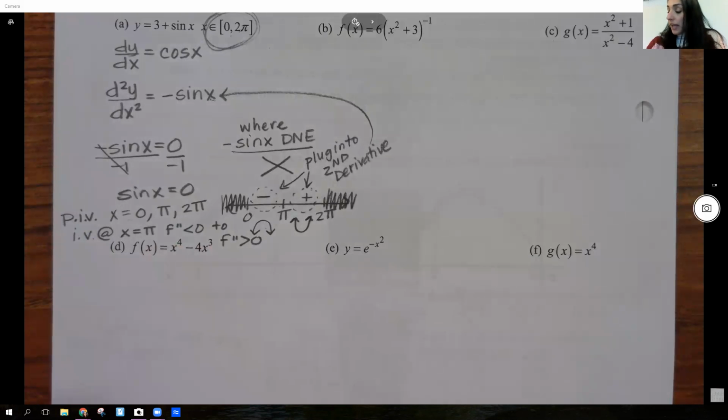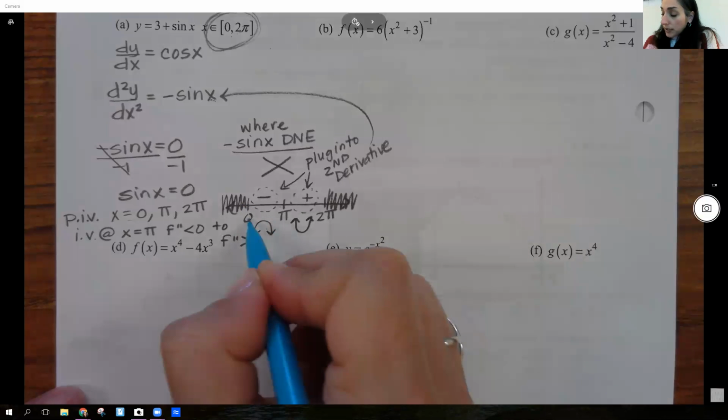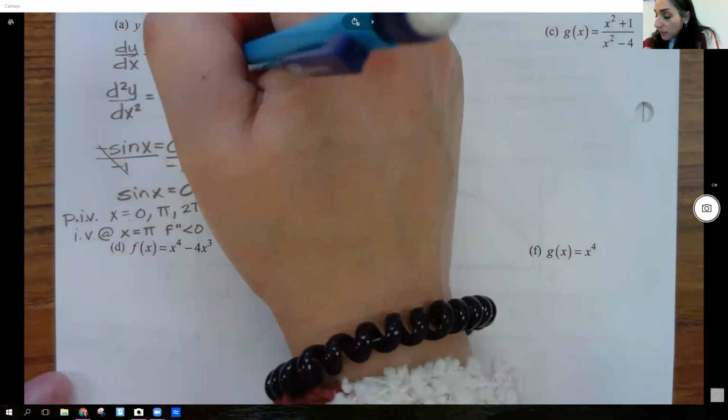Okay, so the last part of this was, we figured out the possible ones. We figured out the actual inflection value, which was at pi. Now the last thing is the intervals of concavity. I guess I'll squeeze this up here.